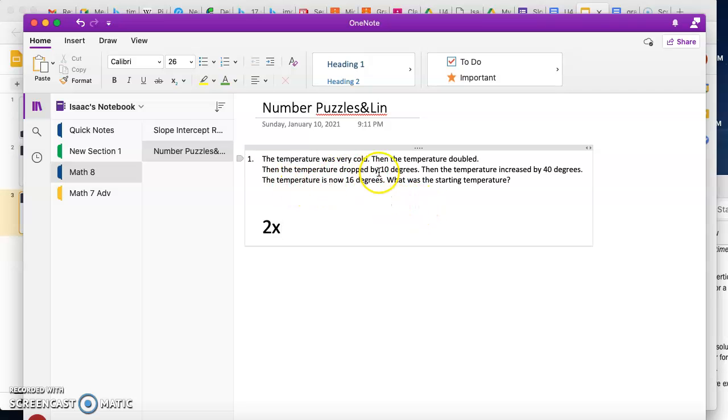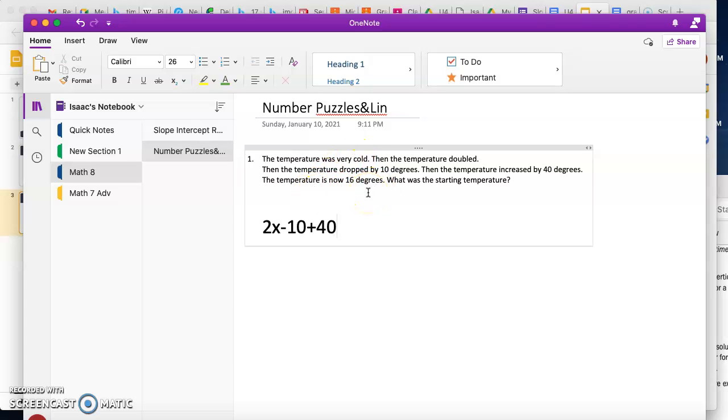Then it says the temperature dropped by 10 degrees. So dropping by 10 degrees, that's like subtracting 10 basically. And then the temperature increased by 40 degrees. Oh, well, if it increased by 40 degrees, that's like saying plus 40. It says the temperature is now 16 degrees.